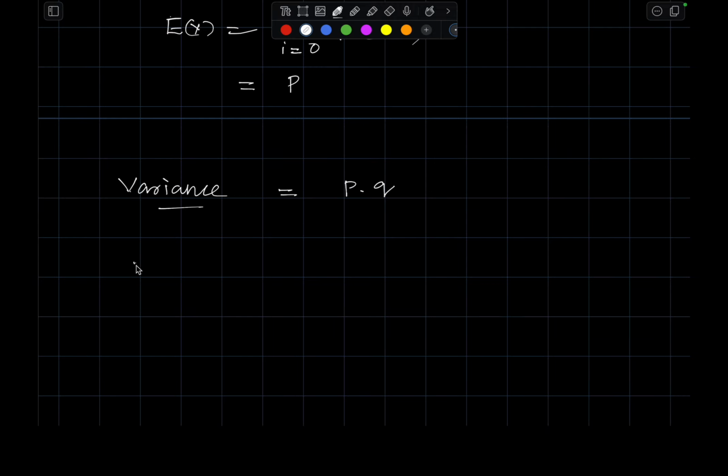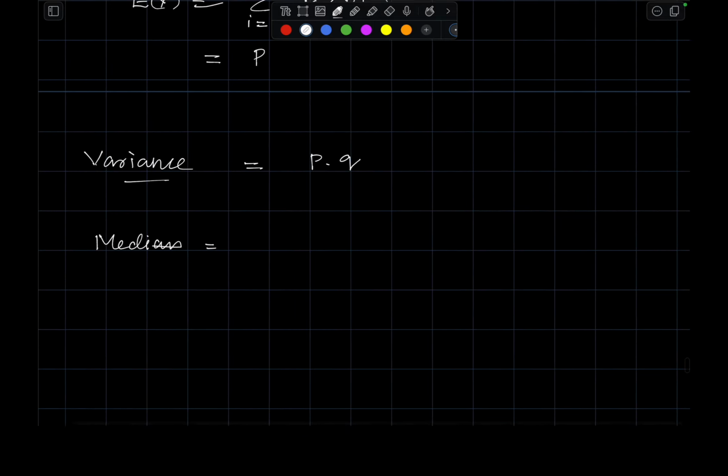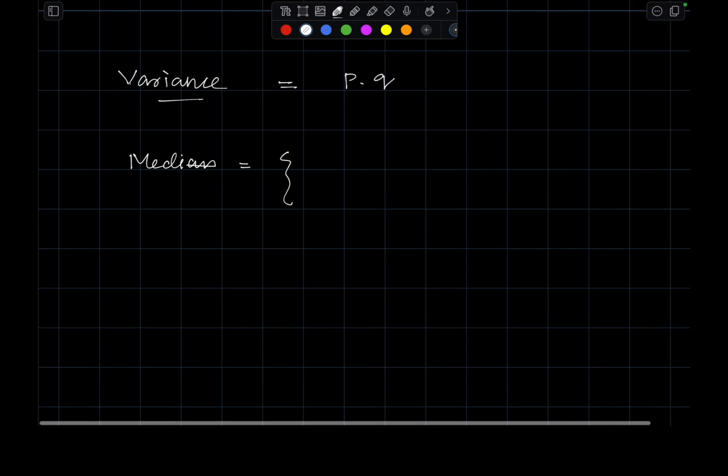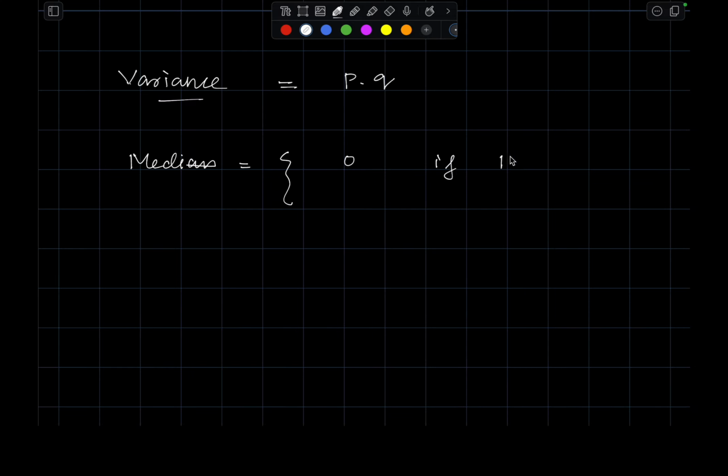And if we are looking into the median, it will be 0 if p is less than half, it will be 0.5 if p equal to half, and it will be 1 if p is greater than half. So this is the simplest distribution which we see in case of distribution functions, and the mode will be p if p is greater than q.